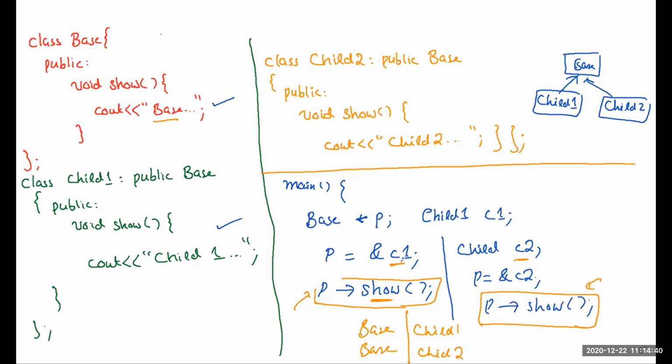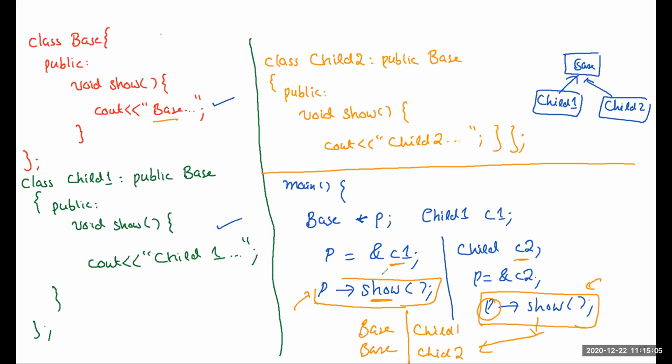That if P has the address of C1, then this statement should call the show function of child 1. If P has the address of C2, then this statement should call the show function of child 2, right? So if you are able to do that, then this is polymorphism. Why is it polymorphism? Because we have the same statement, P arrow show here and P arrow show here.